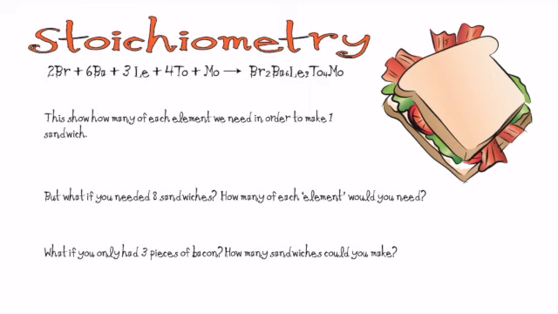But what if we wanted to make 8 sandwiches? How many of each thing would you need? So you look at the balance numbers, or the coefficients. If we wanted 8 sandwiches, we would look at the ratio between the sandwich and the bread. For each one sandwich, we need 2 slices of bread. So for bread, we would need 16 pieces.